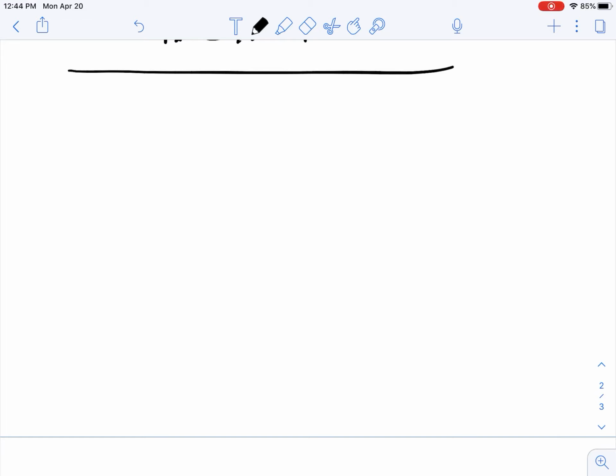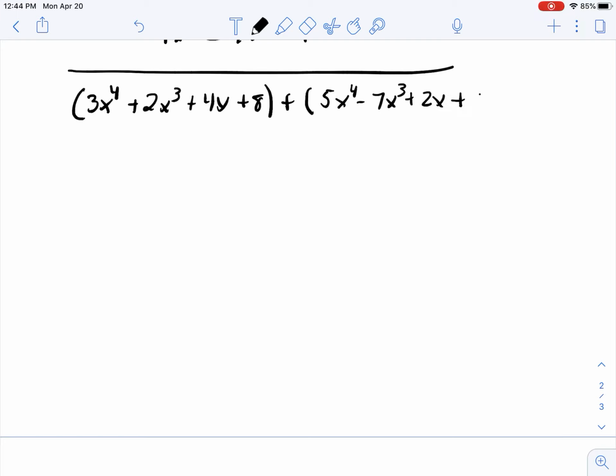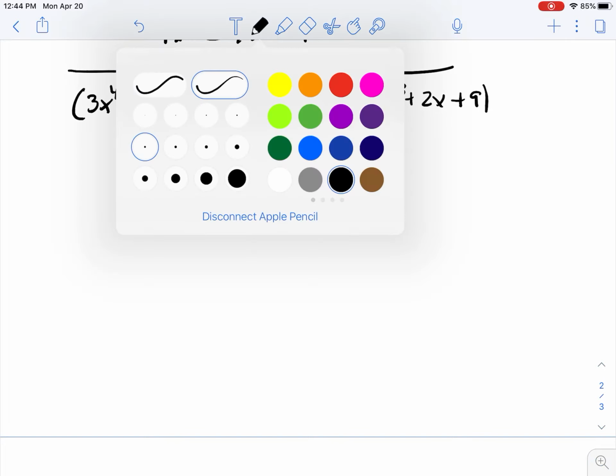Okay, so looking at the big picture here, if I have one polynomial, say 3x to the fourth plus 2x cubed plus 4x plus 8, and I'm going to add 5x to the fourth minus 7x cubed plus 2x plus 9.